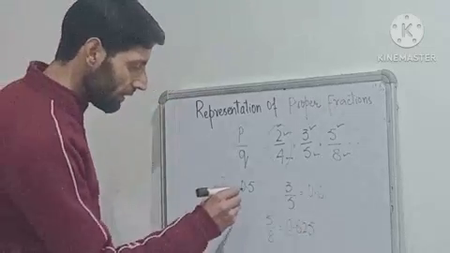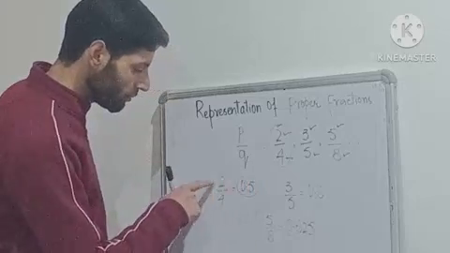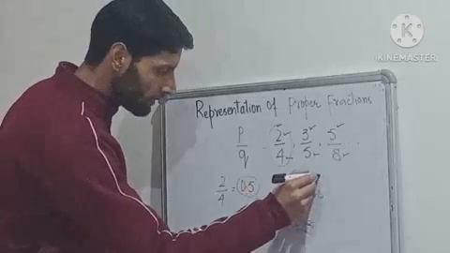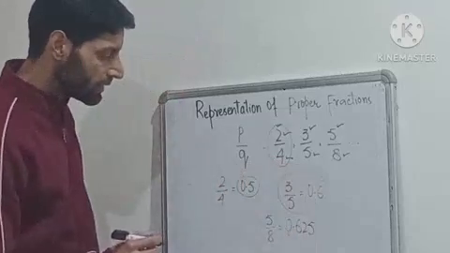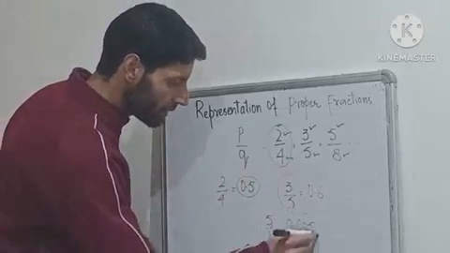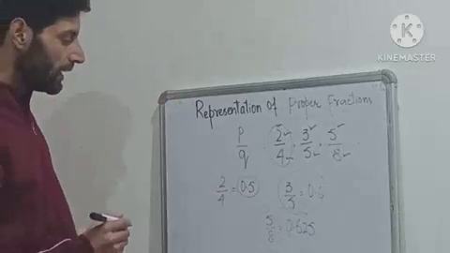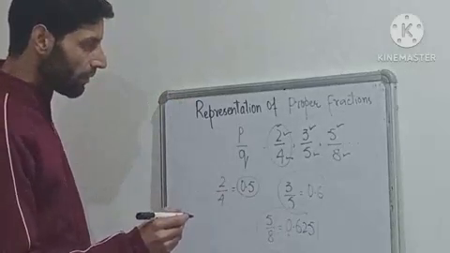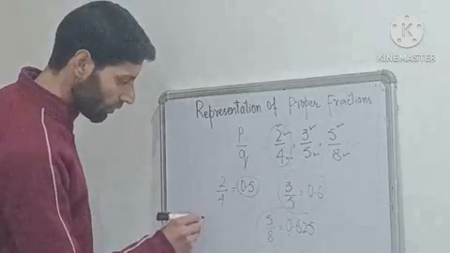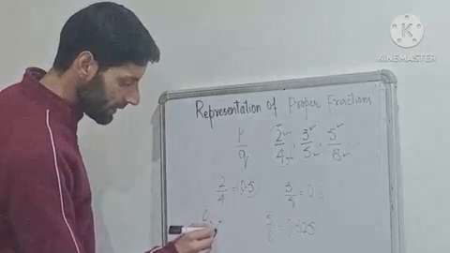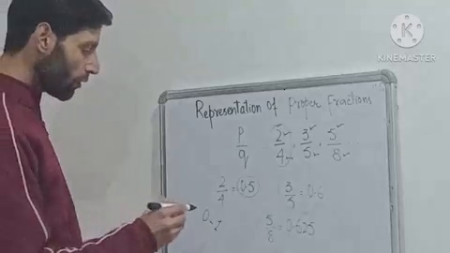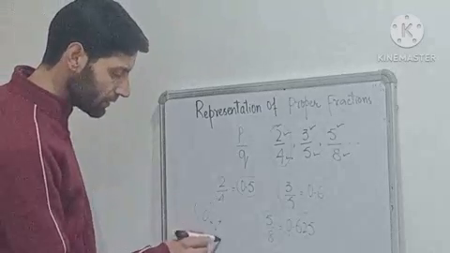So when we see their values, they are all greater than 0, but less than 1. So their value ranges between 0 and 1.